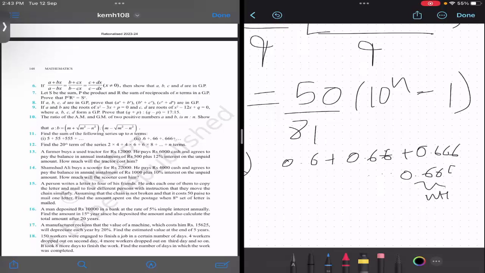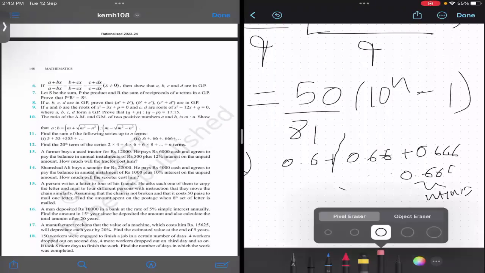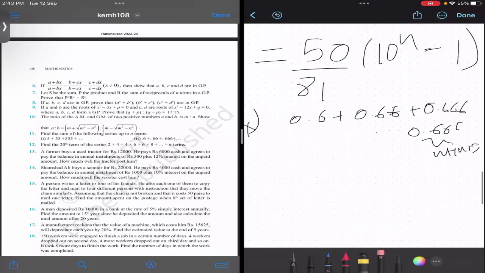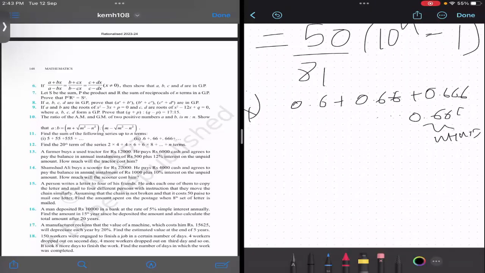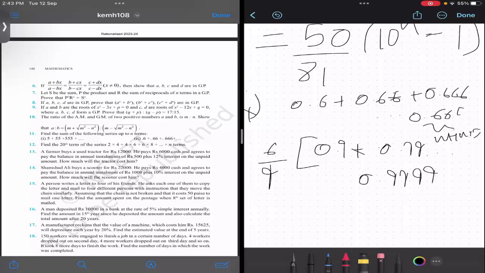This is going to be your sum of the first part. Now the second series: 0.6 plus 0.66 plus 0.666 up until 0.666, and this is going to be n times. As we did in the first question, we are going to take 6 common from the numerator and 9 common from the denominator, right? So we would have 6 upon 9 into brackets, it would be 0.9 plus 0.99 and so on and so forth up until 0.999.